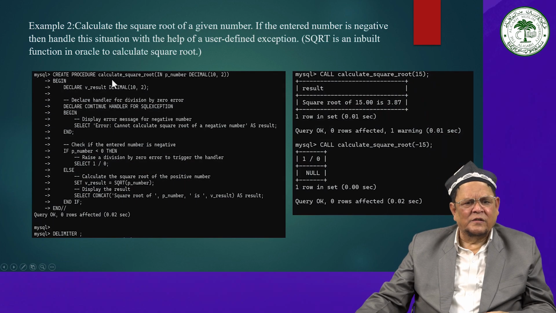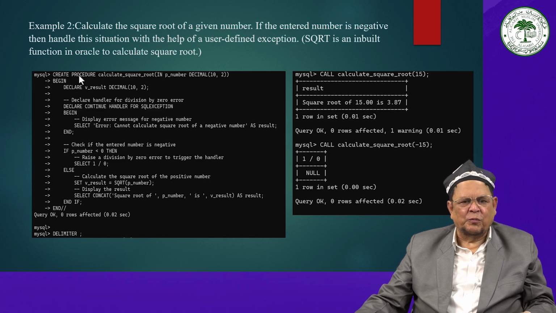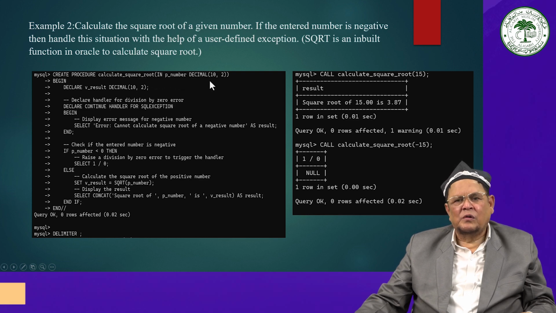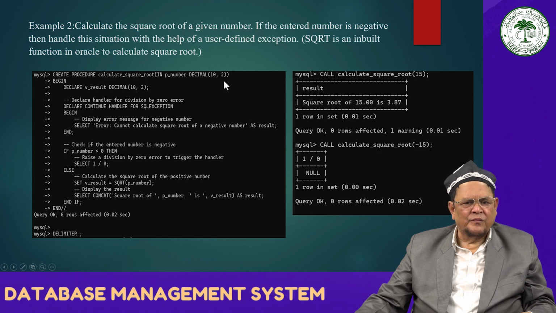You have to create a procedure, calculate_square_root, IN p_number decimal(10,2). Then begin, and declare the variable v_result decimal(10,2).